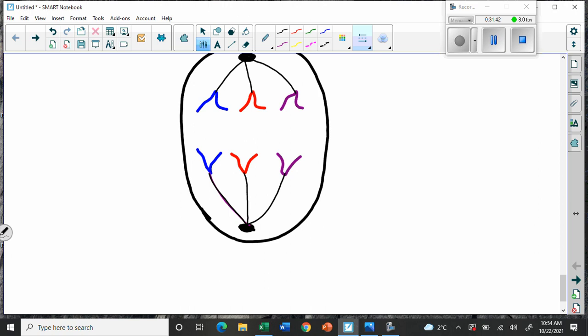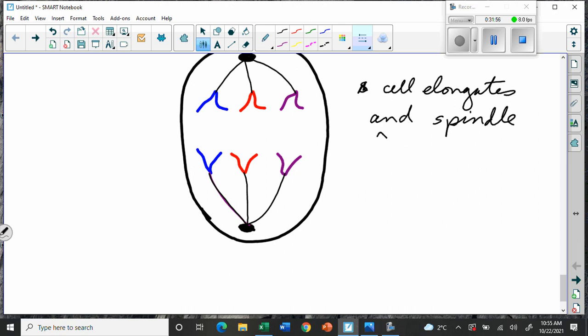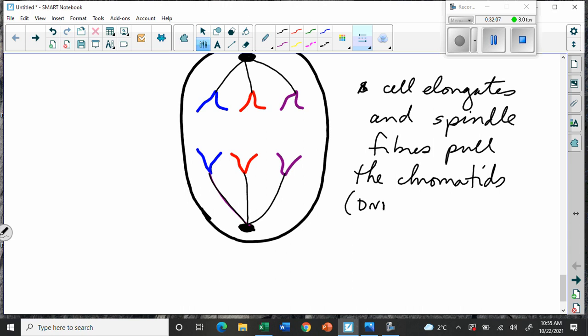So here we have the spindle fiber, well, let's put the cell elongates, and the spindle fibers pull the chromatids, which are essentially the DNA copies, apart, pulls them apart, like this.